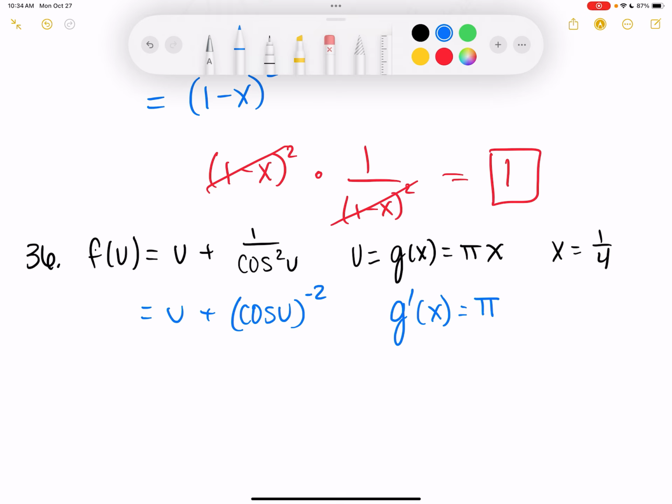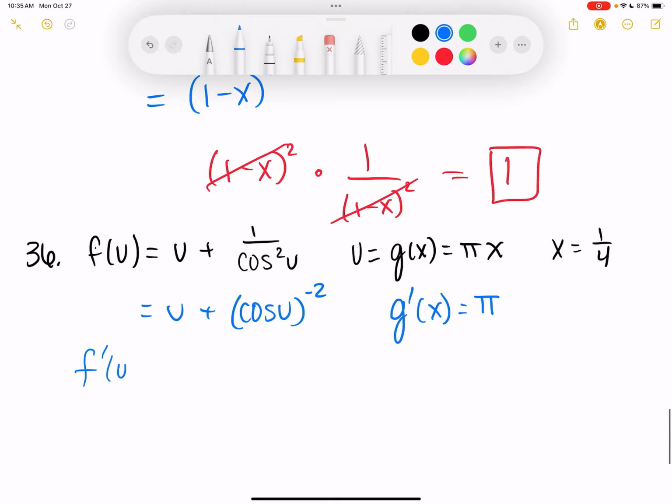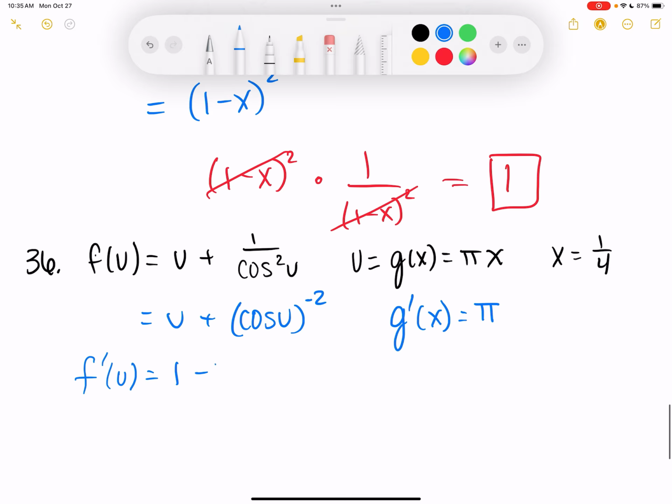All right, so now I can take the derivative of this over here. So f prime of u: the derivative of u is just 1. And then over here, the derivative of the outside, I've got minus 2 times the cosine of u, but that cosine of u is raised to the negative 3 now, times the derivative of cosine, which is minus sine.